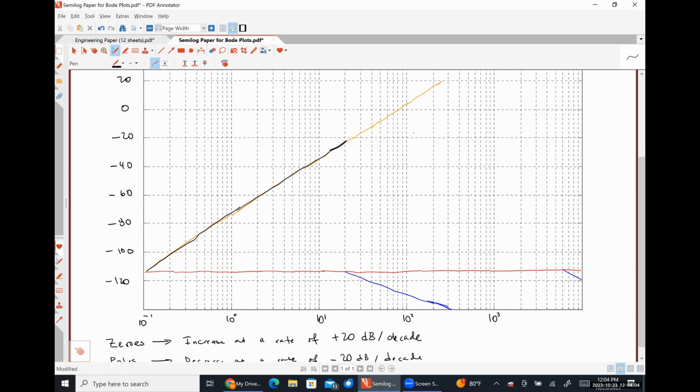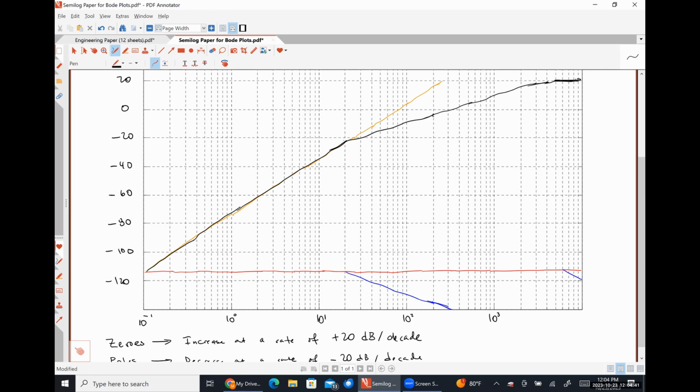So let's see here. Oops, I overshot it. We're going to continue at this rate until we hit, imagine I could draw a straight line on this thing, until we hit about 6,000, at which point it would wind up flattening out, right? So this is a very shittily drawn Bode plot.